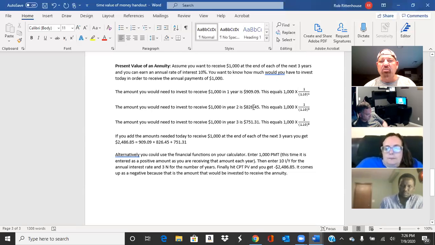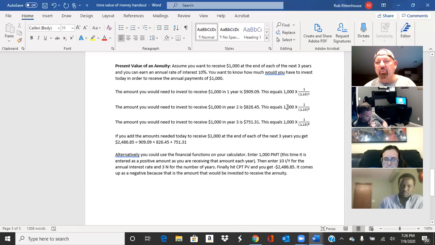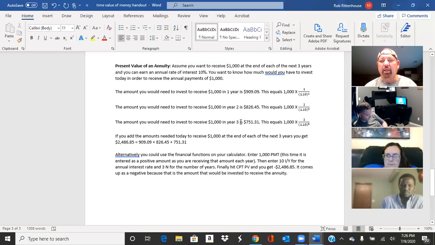Then to figure out how much we'd have to invest to have $1,000 in year 2, that's $826.45. We could find that by taking the $1,000 we want in 2 years and multiplying that by 1 divided by 1 plus 10% raised to the second power. The third 1,000 that we'll receive at the end of year 3, present value of that's going to be $751.31.